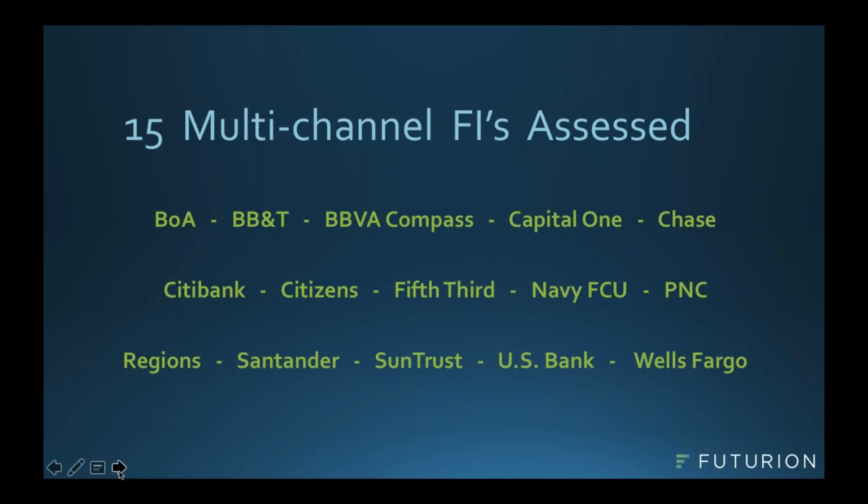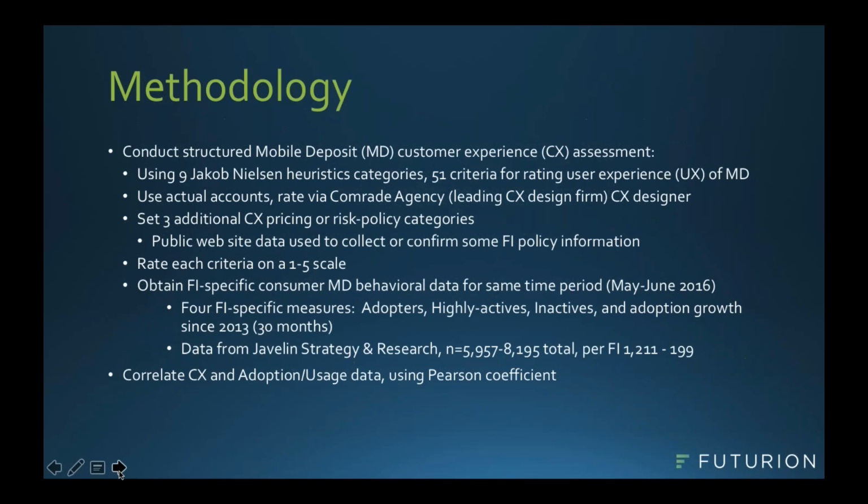Could have included others, but this felt like the right number to really answer the question. So these are the 15 largest among those that are multi-channel and that we'll be presenting findings on. And we had this methodology. I won't read everything. It's on the screen here, and there's a more detailed version still in the full report that we hope you'll download if you haven't already.